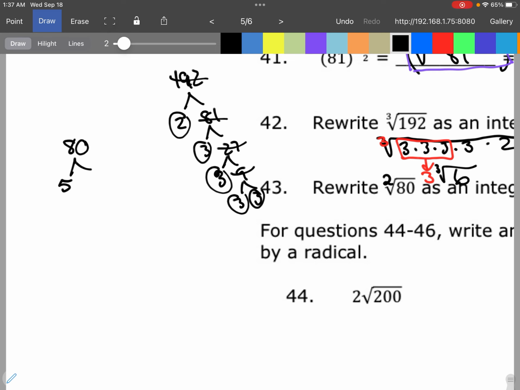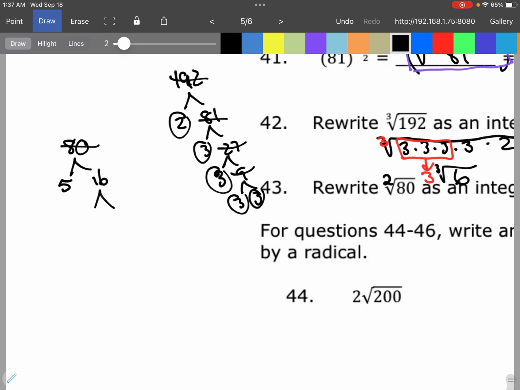Okay? It kind of makes your numbers smaller a lot sooner. So 80 divided by 5 is 16. All right. So 5 and 16, that's how we multiply to 80.